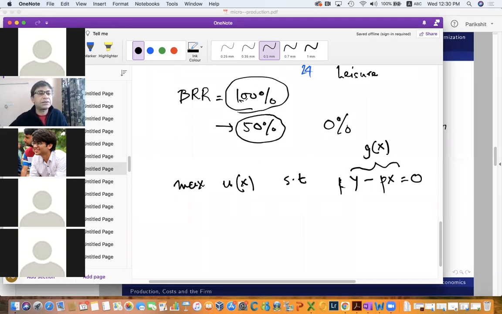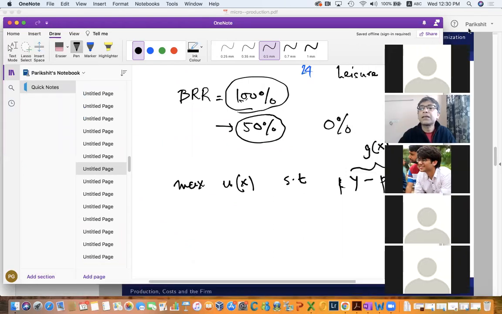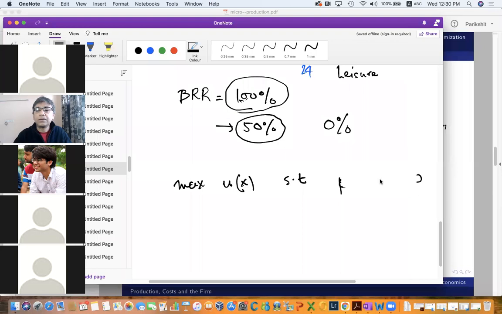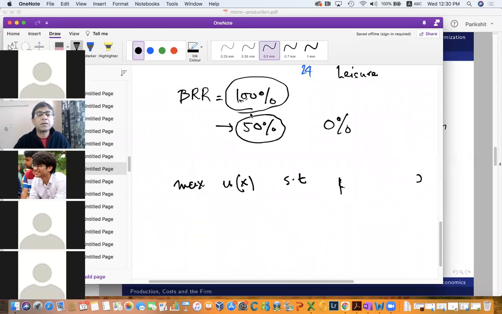Well, let me write it this way, just to be absolutely sure there's no confusion. Let's say, let me write it like px minus y equals 0. All right.